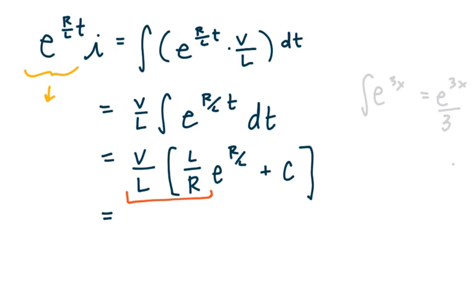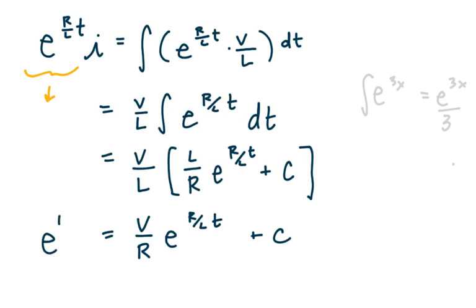We're going to end up with v over R. So I have v over R, e to the r over L t. Oops, I'm noticing I left a little t off on my work up above. Plus c.